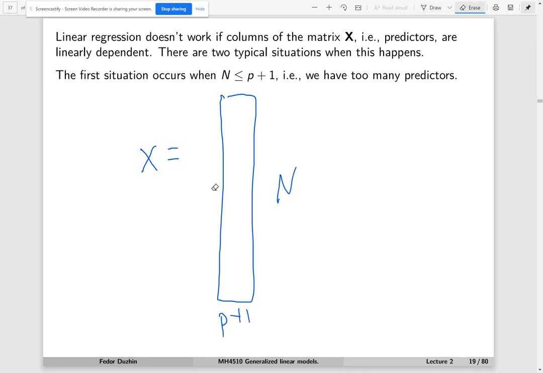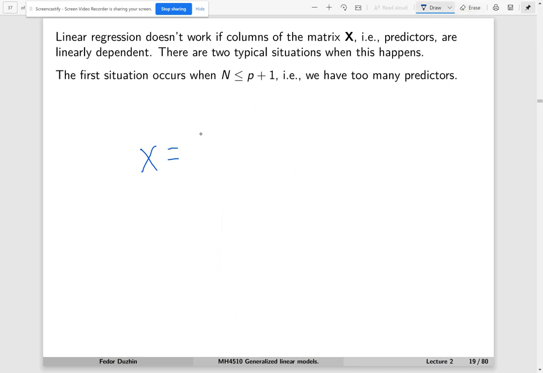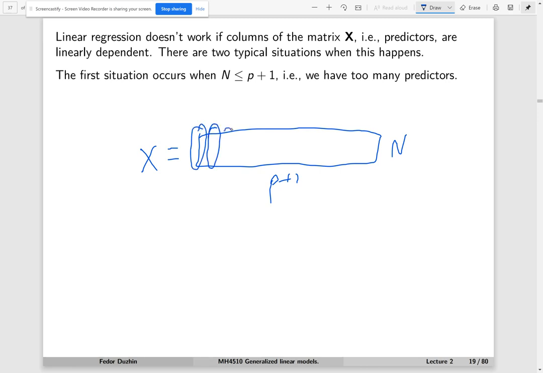But if we have too many predictors, then it actually looks different. It looks like this, right? So we have just a few observations, but a lot of predictors. So this is p plus 1, and this is n. And if that happens, then of course we have more than n vectors, each of the size n.